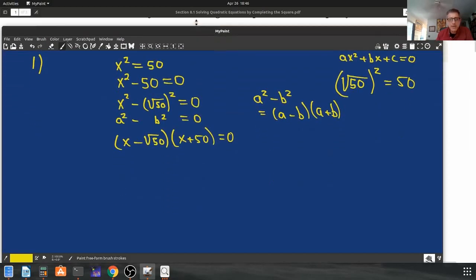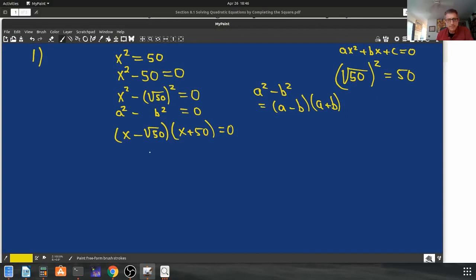And we fall back on our old zero product law. That implies x minus the square root of 50 is equal to 0, or x plus the square root of 50 is equal to 0.